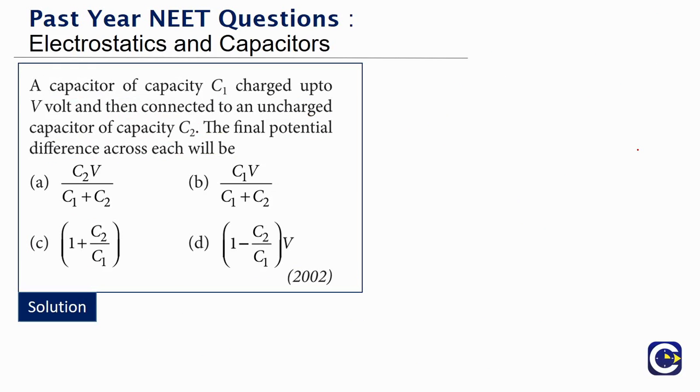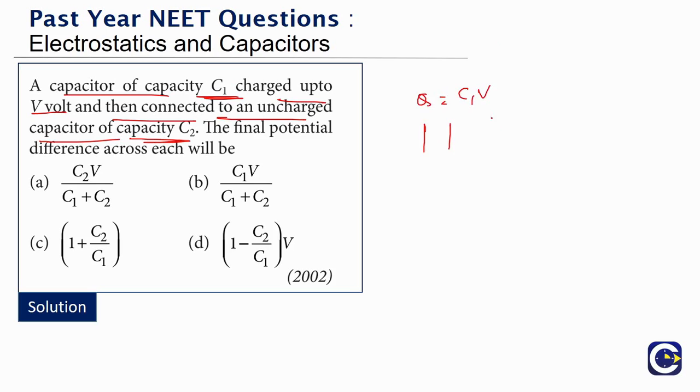Next we have a question that came in the year 2002. A capacitor having capacitance C1 is charged up to voltage V, and then connected to an uncharged capacitor of capacitance C2. Means first this one is charged. So what will be the charge on this?